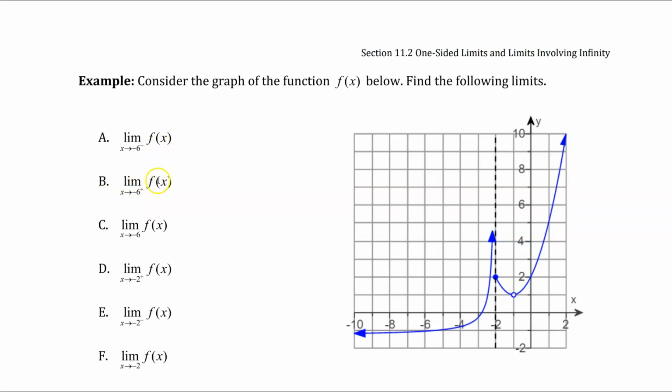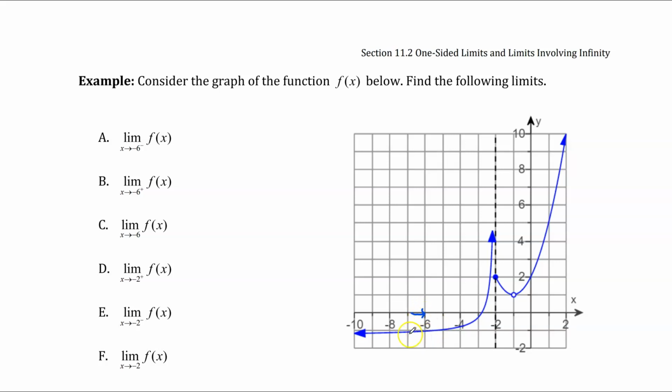If both of these exist and they approach the same value, then we say that the limit of this function as x approaches negative 6 exists.